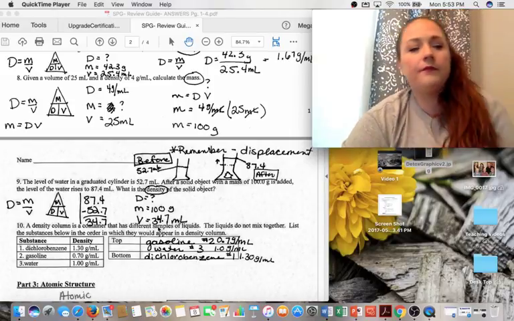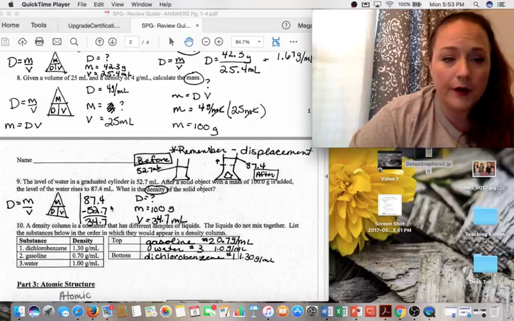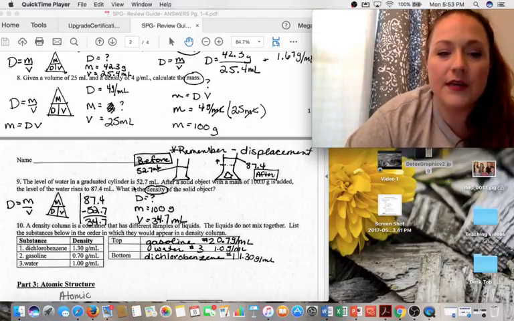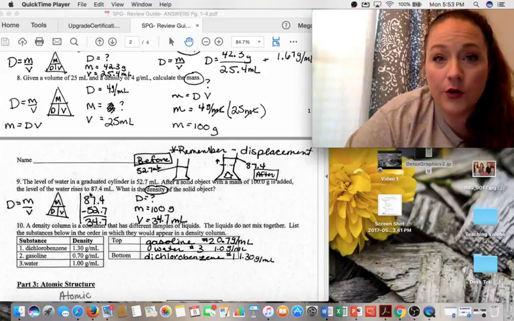So number 9, the level of water in the graduated cylinder starts, so that's your initial, at 52.7 milliliters. After a solid object with a mass of 100 grams is added, the level of the water rises to 87.4. That's your final.